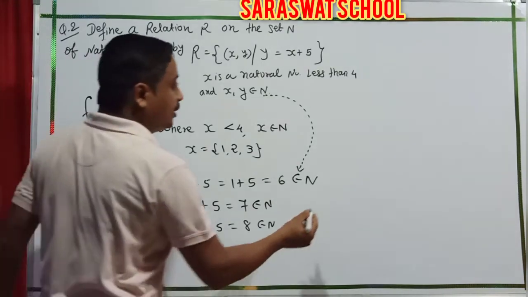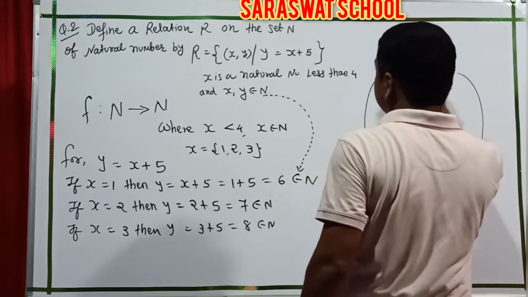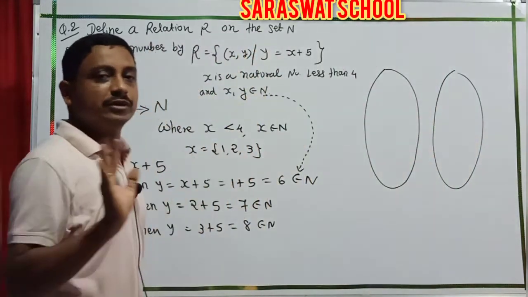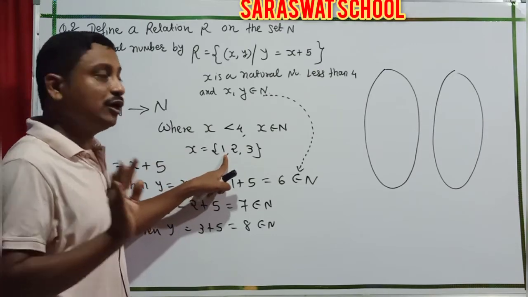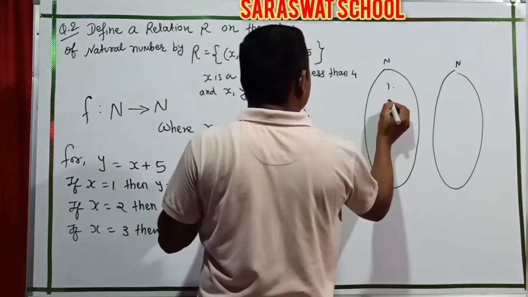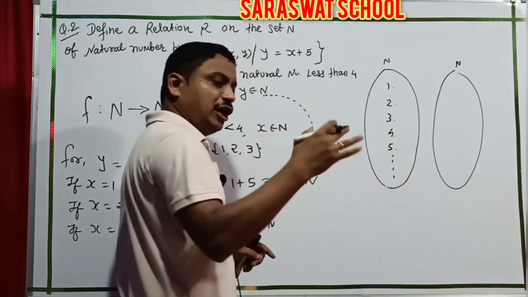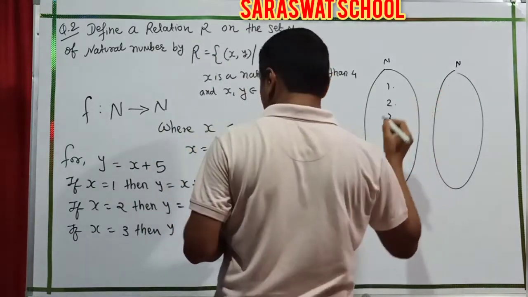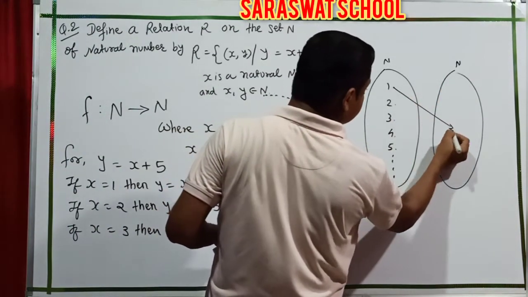Now we go to our arrow diagram. In this arrow diagram, there are many numbers in N to N, but I focus only on 1, 2, 3. Here N to N is given; besides 1, 2, 3, other numbers are available, infinitely many. Here also many numbers are available. Putting 1, the answer is 6, so 1 to 6.